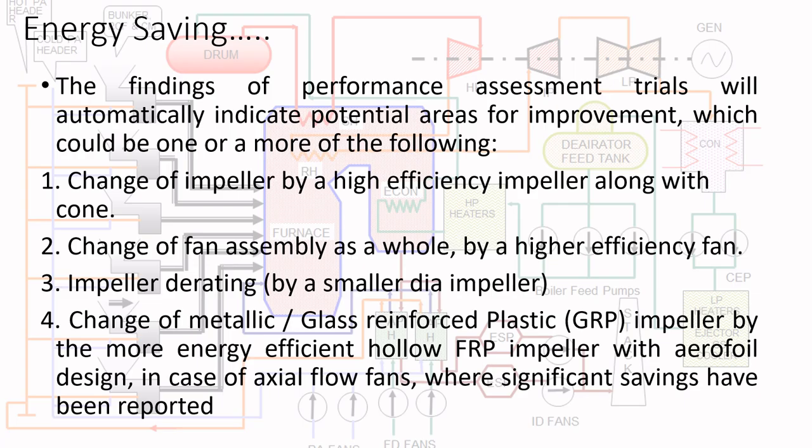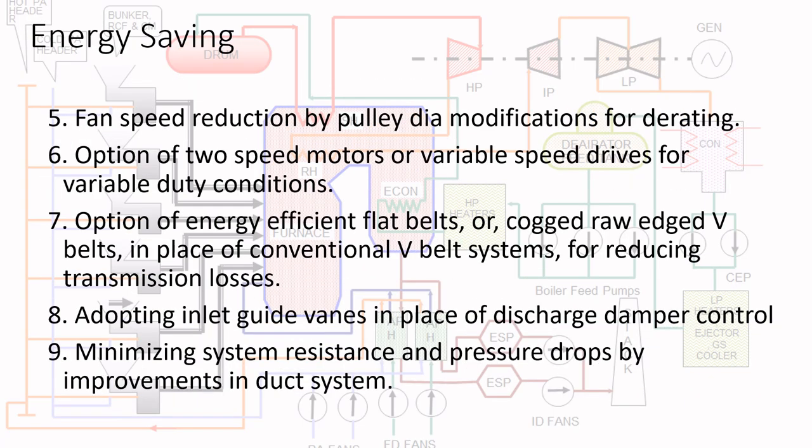Change of metallic or glass reinforced plastic GRP impeller to a more energy efficient hollow FRP impeller with aerofoil design in case of axial flow fans, where significant savings have been reported. You can do this also. Then fan speed reduction by pulley diameter modifications for derating, options of two-speed motors or variable speed drives for variable duty conditions. Now these have been done in many cases.